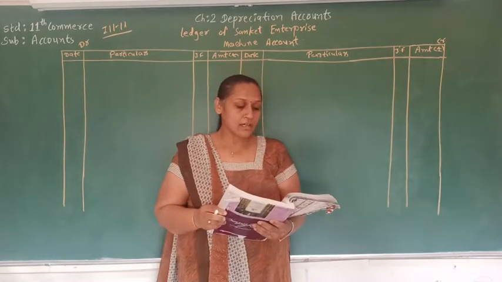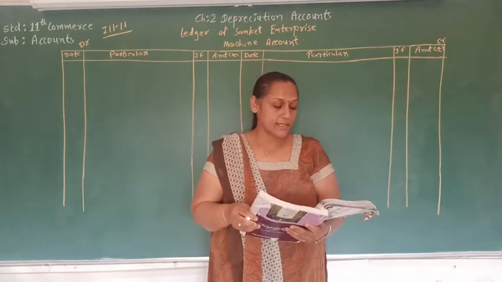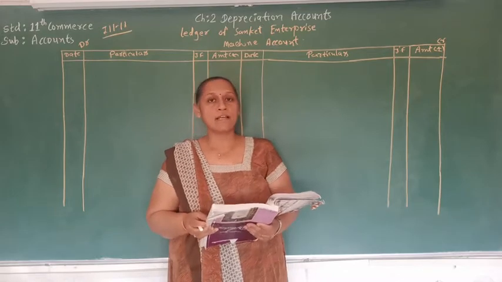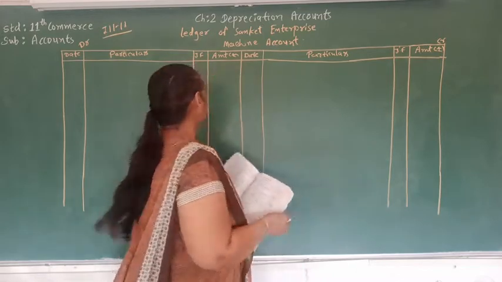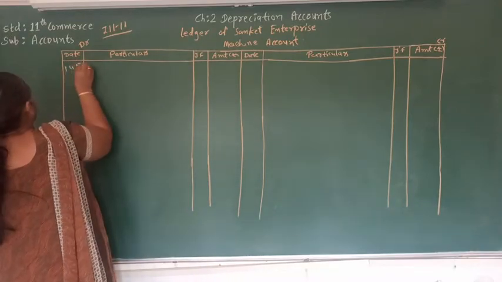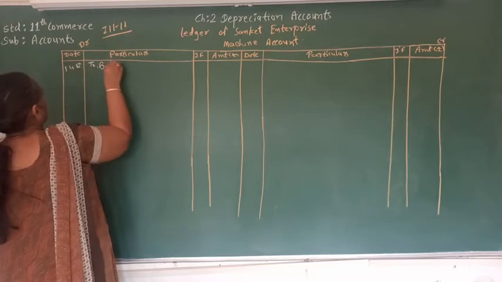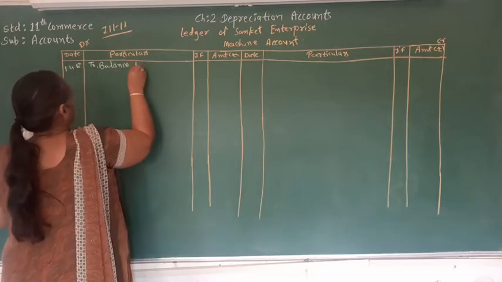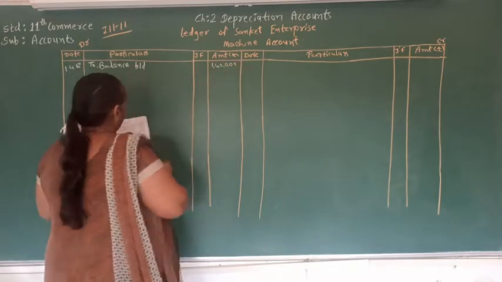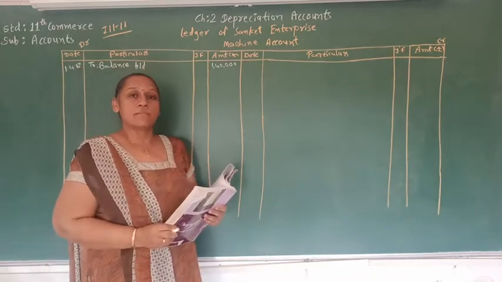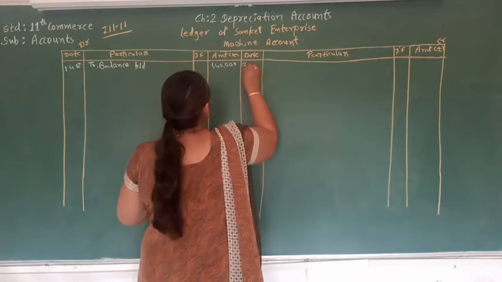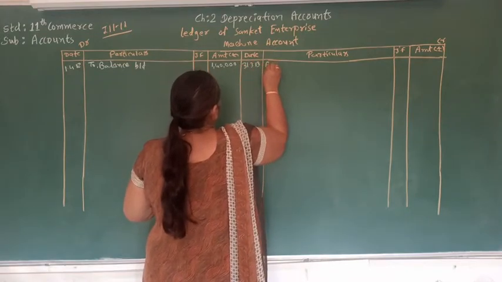Let's prepare the machine account in the ledger of Sanket Enterprise. Very first, on 1/4/12, there is a balance of machine account and that balance is 1,40,000. That will be written on the debit side of the machine account on 1/4/12 to balance brought down, and the amount is 1,40,000. At the end of the first year, the depreciation was 20,000. We have already calculated that, and that will be on 31/3/13 by depreciation account.